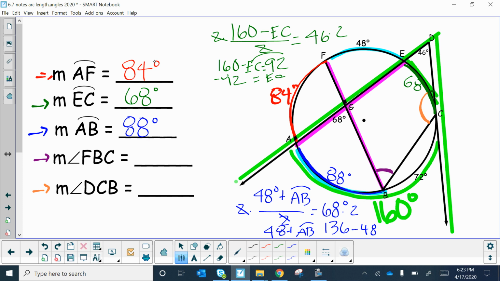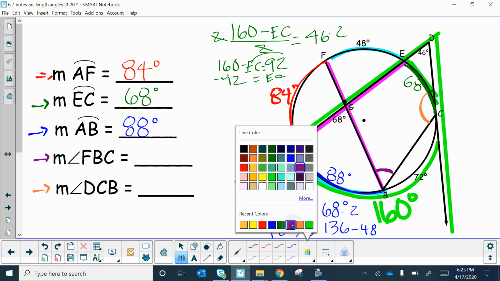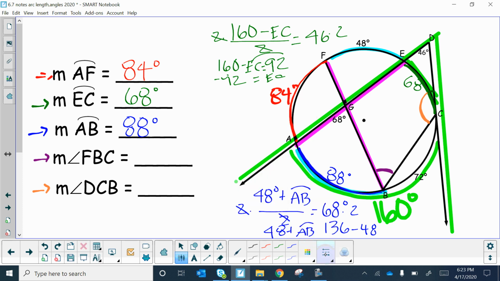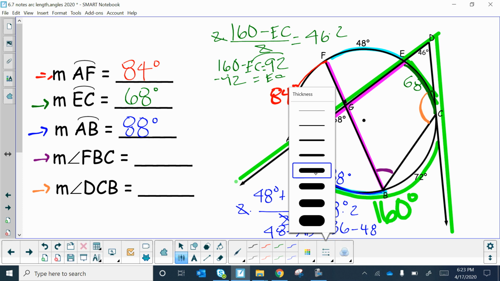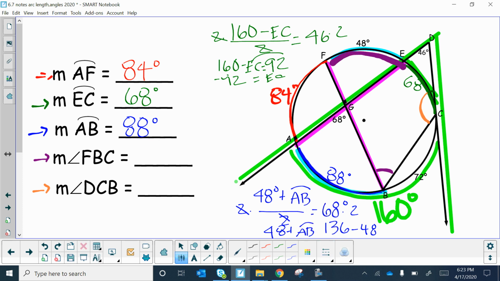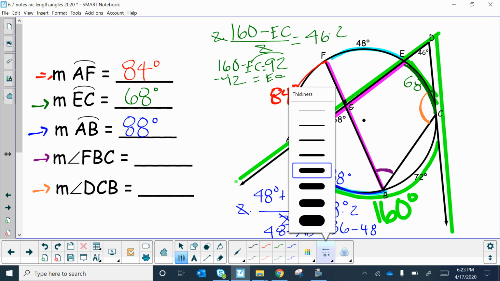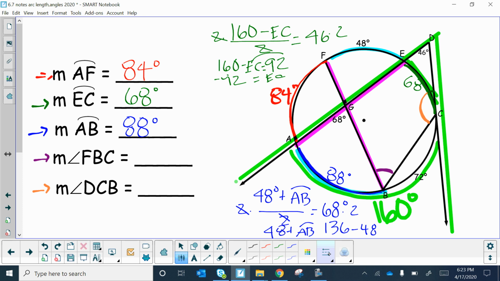All right, almost there. Now I just need the two angles. So the purple angle should be pretty easy because the purple angle actually is an inscribed angle, and that intercepts this arc from there to there. That's way too thick. Let me get rid of that. So this purple angle intercepts that one right there.